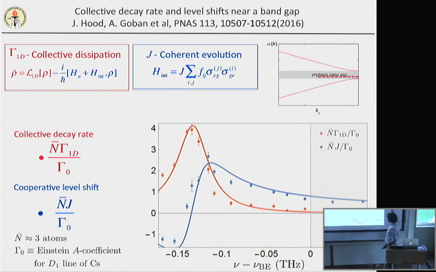So by placing the atomic resonance frequency inside the band gap, this is where you can kill mostly the dissipation, and the atoms trapped along a photonic crystal evolve mostly based on coherent evolution.